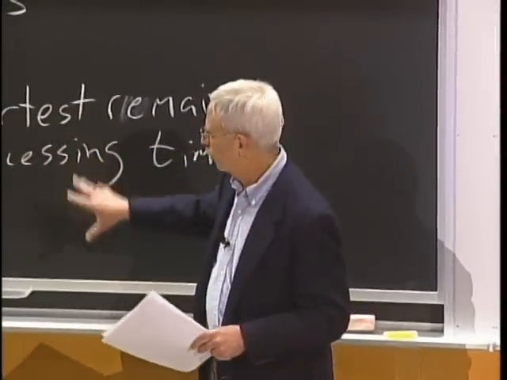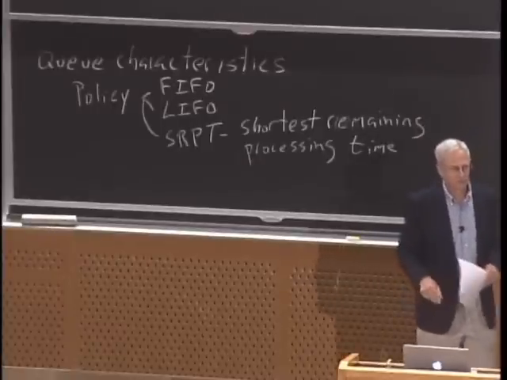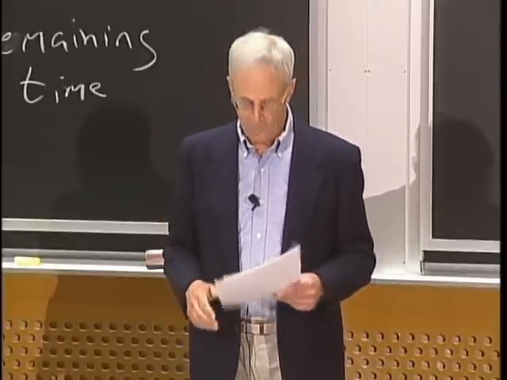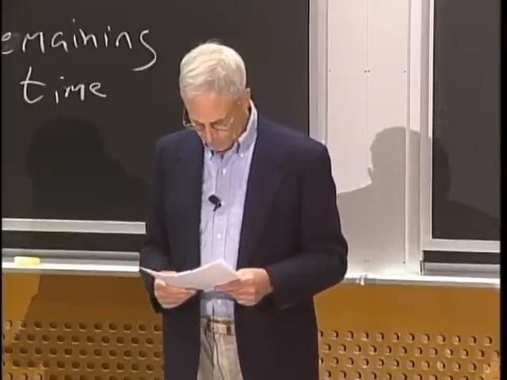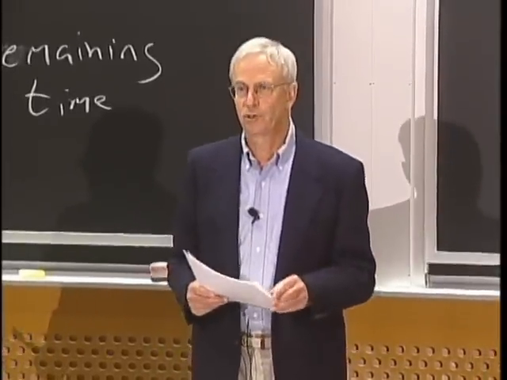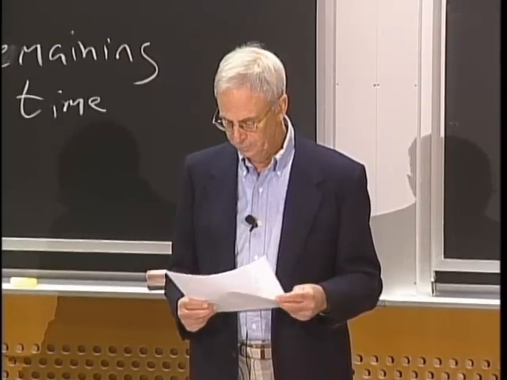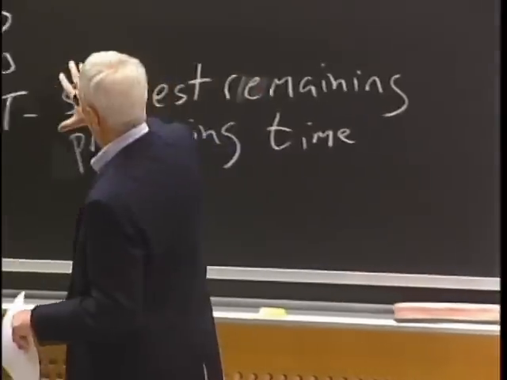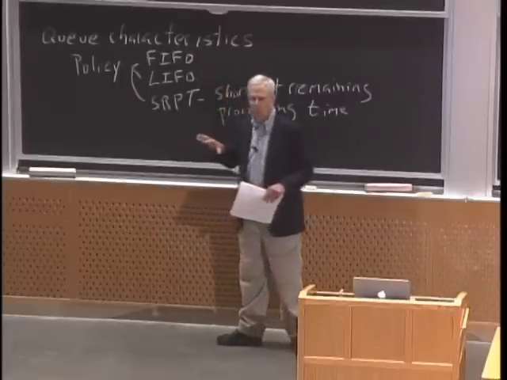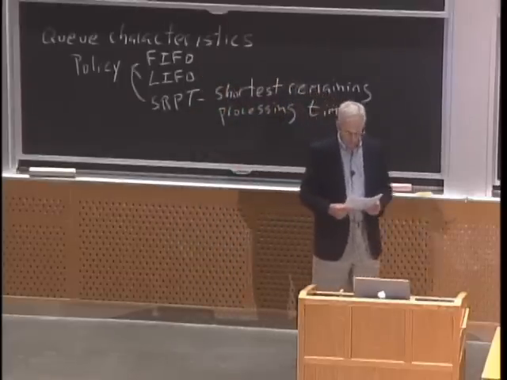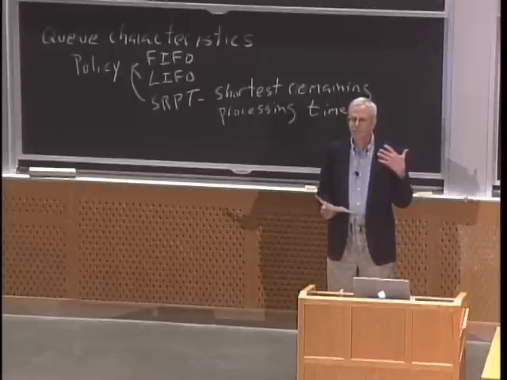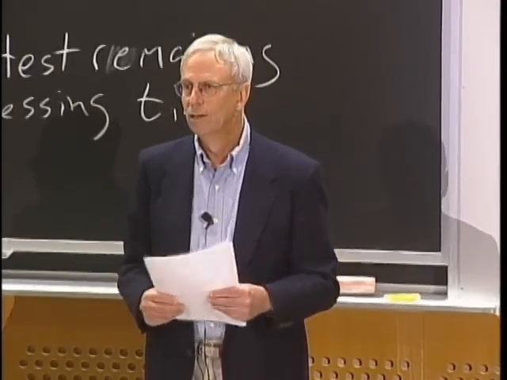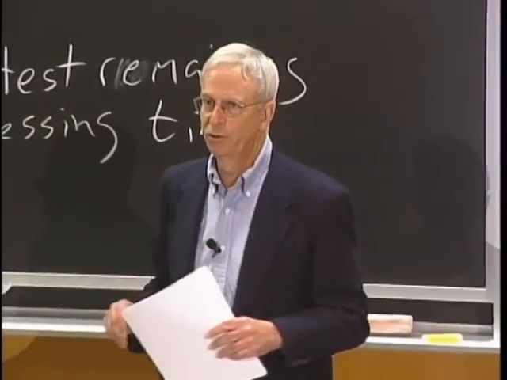So these are the three most popular policies. You can also imagine a random policy, where you just chose some random member of the queue. Then there are lots of other kinds of issues which I won't go into in detail. The choice of queuing discipline, as we'll see when we look at the code, can have a major effect on performance. In particular, it can be used to reduce congestion.